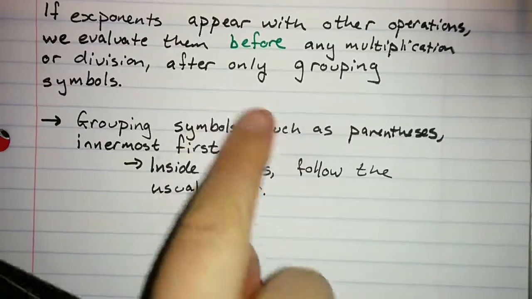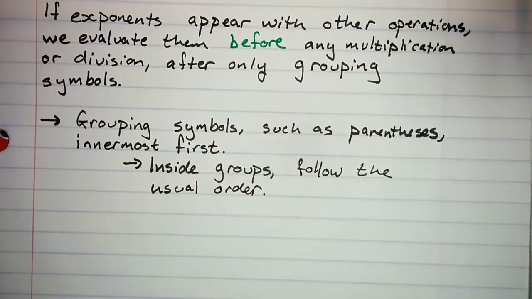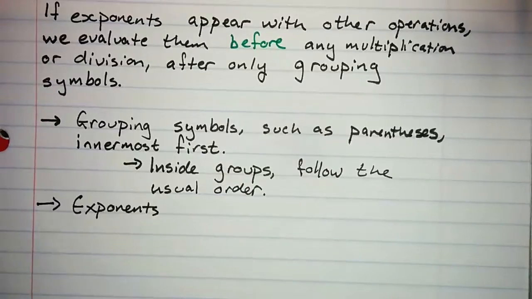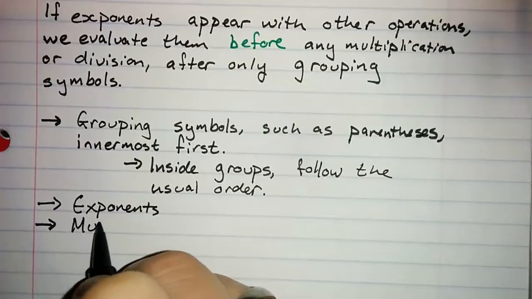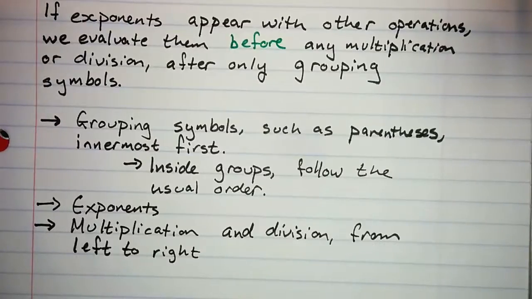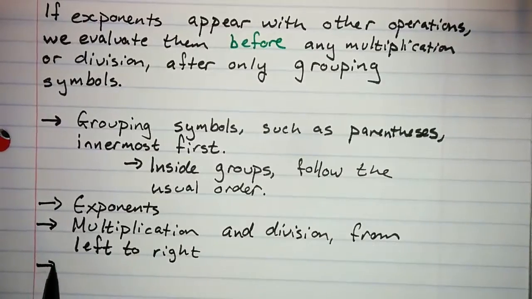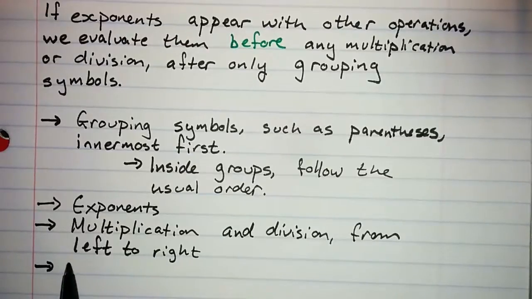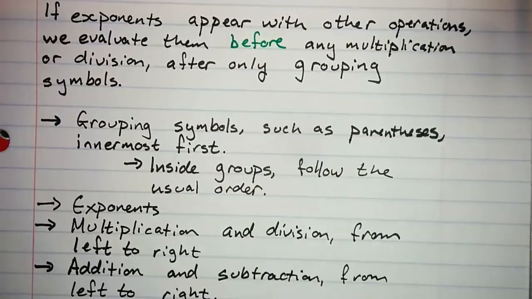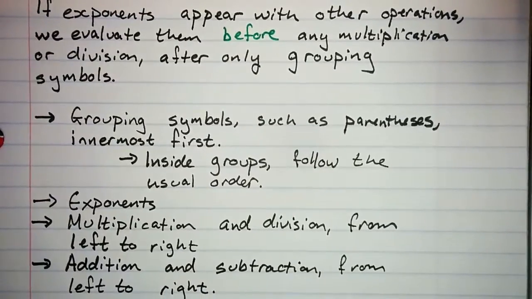Then, after we've finished up anything inside grouping symbols, we evaluate all exponents. After we've finished evaluating all exponents, we evaluate multiplication and division from left to right. And then finally, after all of the multiplication and division is done, we evaluate addition and subtraction from left to right.